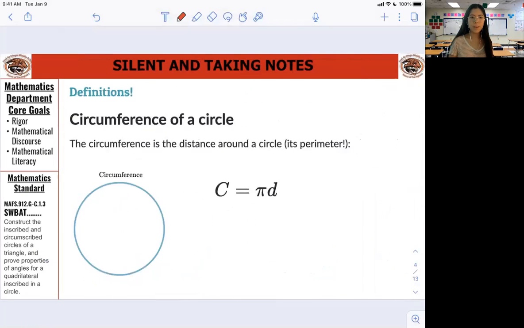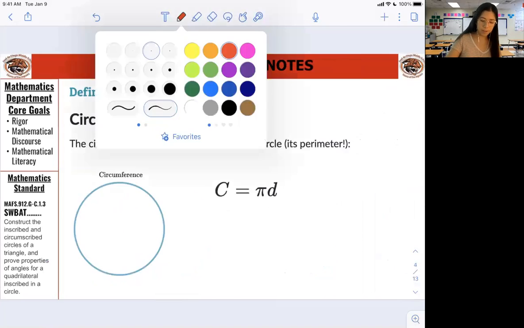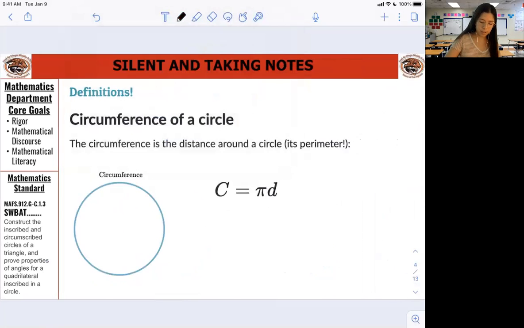Okay. Then we got circumference. So circumference is the distance around the circle. And we also have an equation here that is going to come in handy. So please, if you don't know this one, because now we're getting a little bit into it, go ahead and write it down. But the circumference is equal to pi times the diameter. Now there's another way to write this, because what did we say about the diameter?